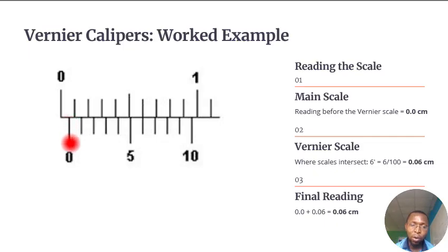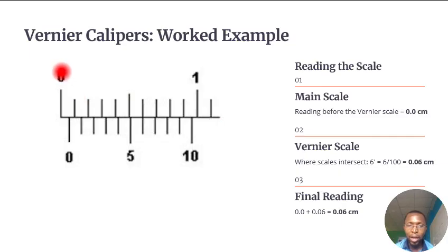See, this zero, the down zero here, is for the vernier scale, while the up zero is for the main scale. Now the last division that comes before the first division of the vernier scale is this one, and that is 0. Okay, so the main scale reading is going to be 0.0 centimeters.